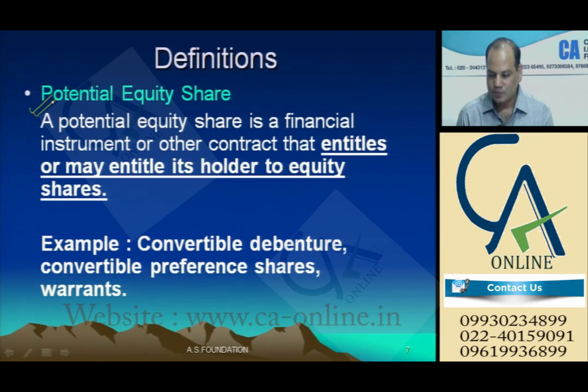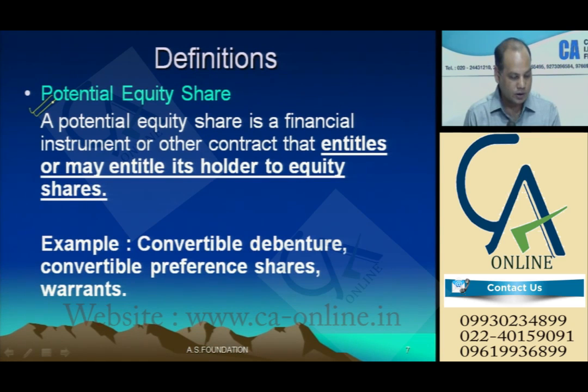Any simple example of a potential equity share? All convertible instruments which are convertible into equity share. Example is convertible debenture. Then the next example would be convertible preference share or warrants. Share warrants are also potential equity share because they are not equity shares right now. But the share warrant holder can apply to the company, pay the price and convert into share.